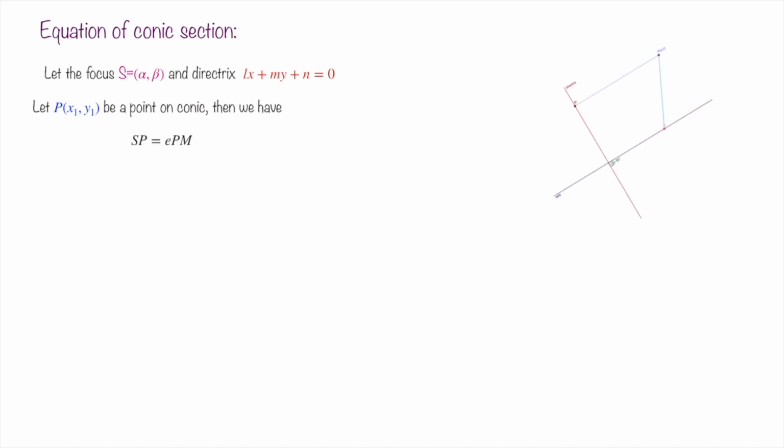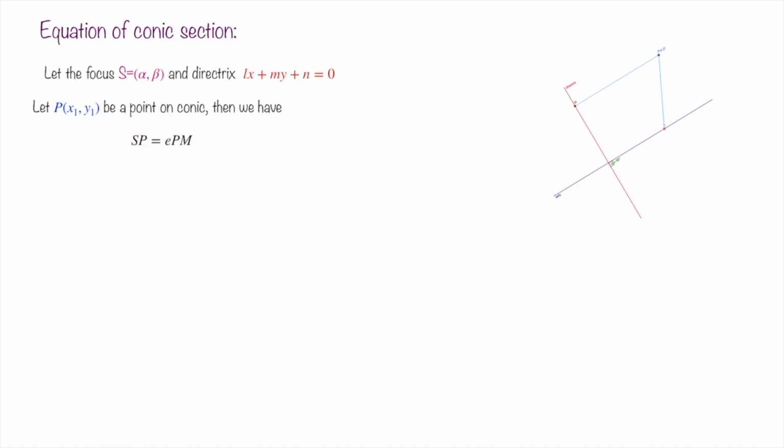Now let us derive the general equation of the conic section. Let the focus S equal alpha, beta and directrix is Lx plus My plus N equal 0. If I take P(x1, y1) to be any point on the conic, then by definition we should have SP equal to e times PM, where e is the eccentricity of the conic.